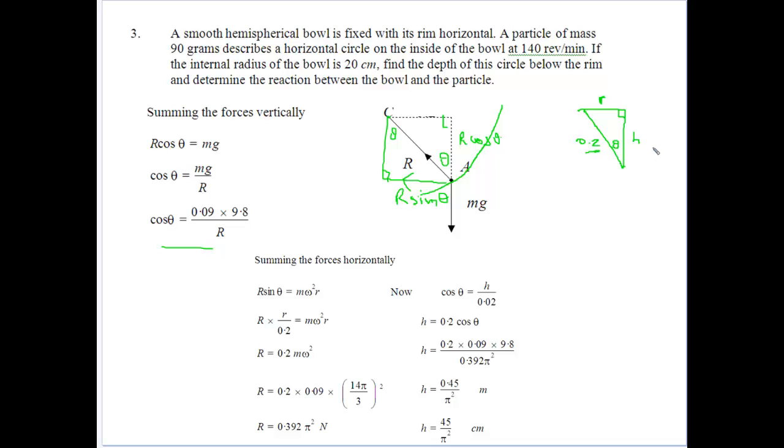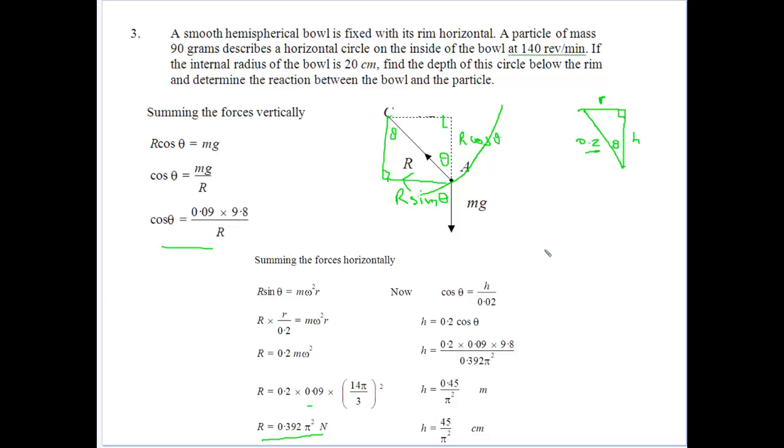That's 0.2, 20 centimeters. Then we can get that sine theta would be r on 0.2, so that's where that one comes from. So we can get R is equal to 0.2 times the mass times omega squared. We know what the mass was, we know what omega squared was, so there's our reaction force, 0.392 pi squared newtons. So that's the reaction force that's acting against the bowl.